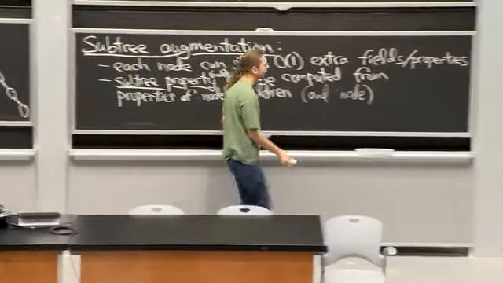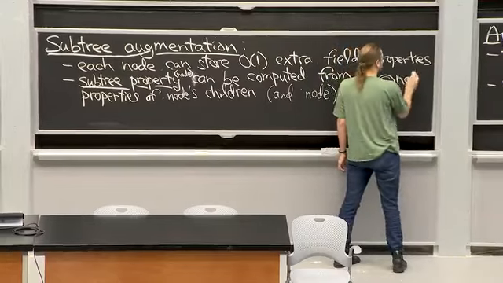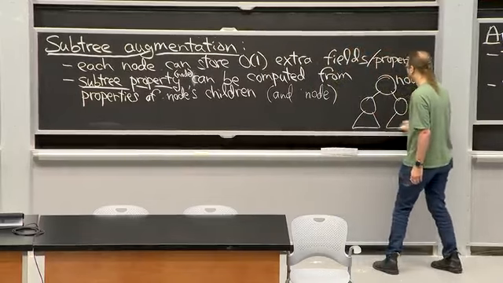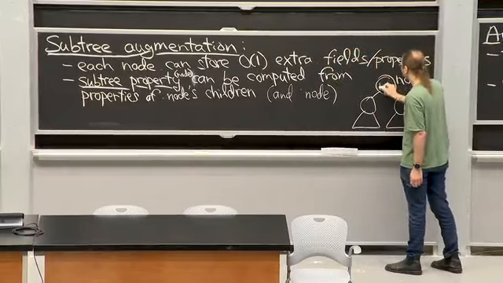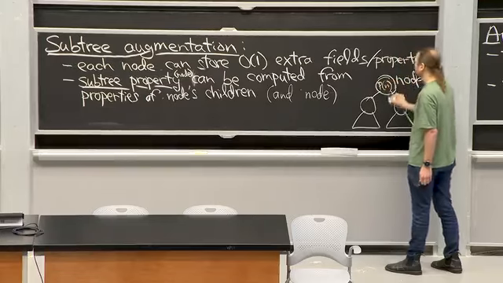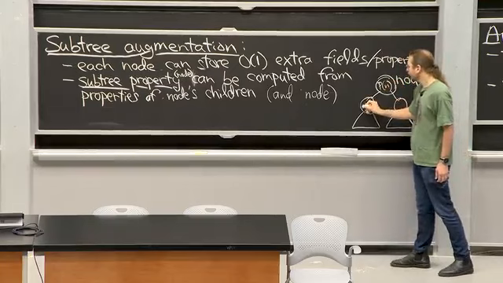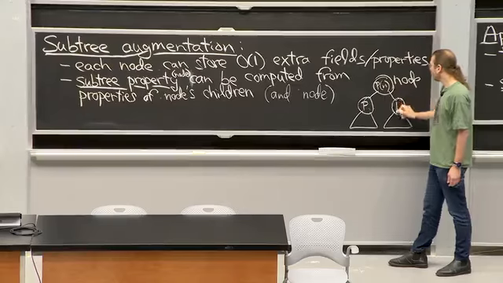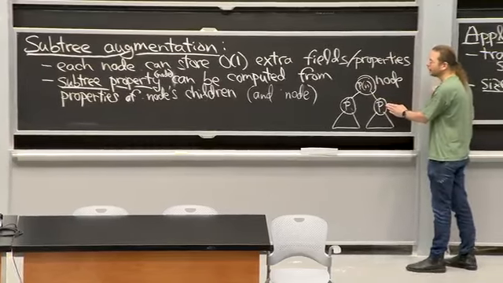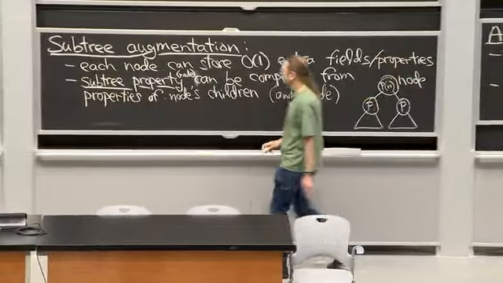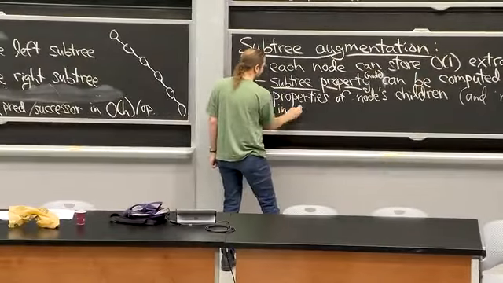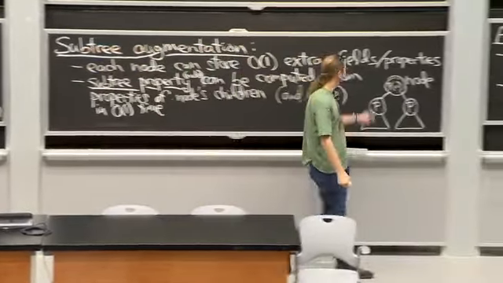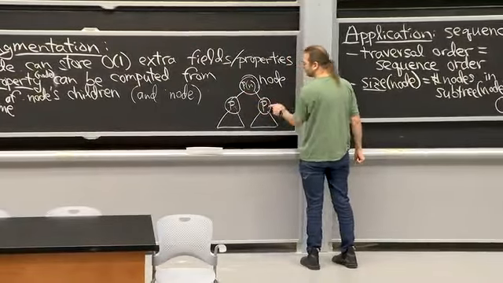If I have a node here, and I want to store P of the node, and suppose we already know P for the left node and for the right node, then I'd like this to be computable in constant time. So I can compute P of this node given P of the left node and P of the right node.